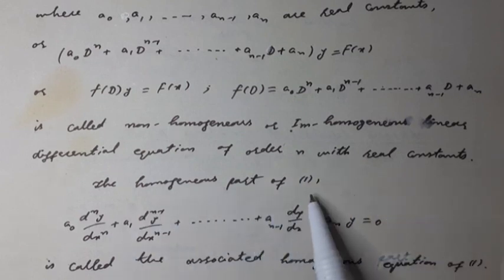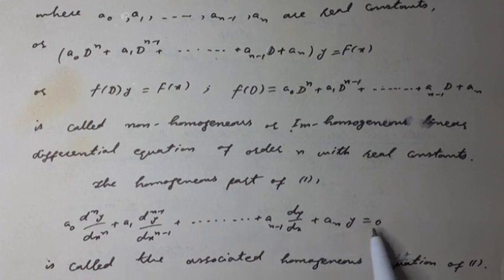The homogeneous part of equation 1, this one equal to 0, note it, is called the associated homogeneous equation of the non-homogeneous linear differential equation of order n with real constants.